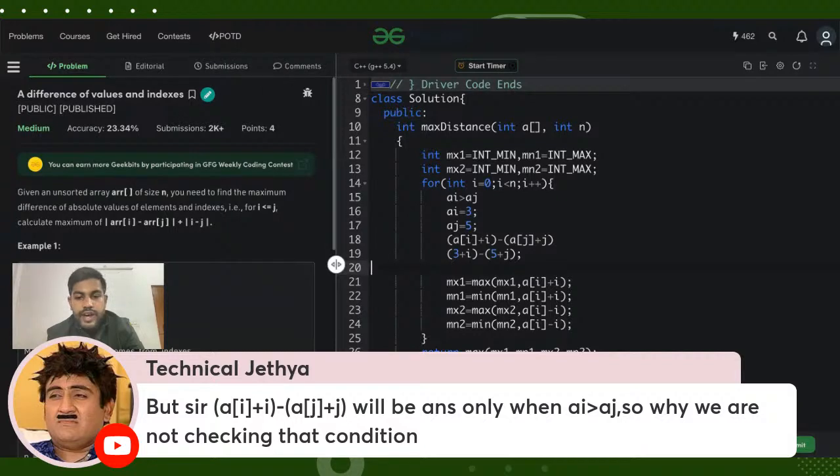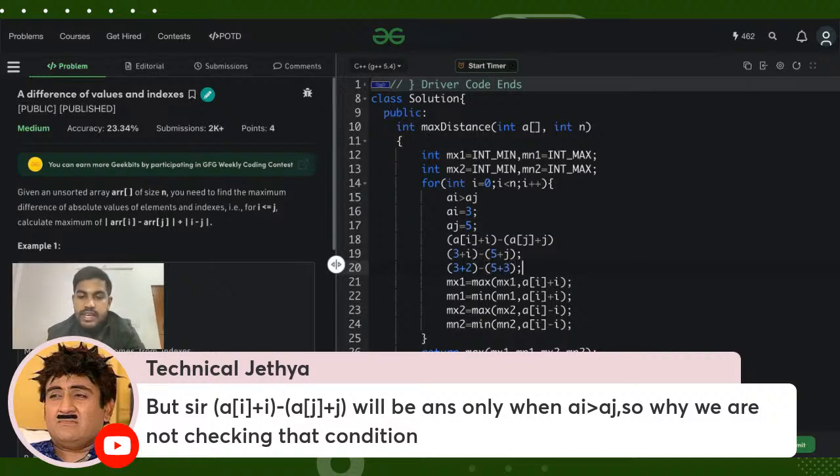So if I is less than J, let's take a small value like I as 2 and J as 3. So 3 plus 2, and 5 plus 3.